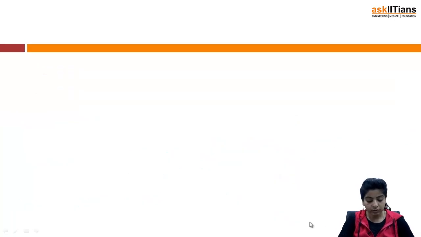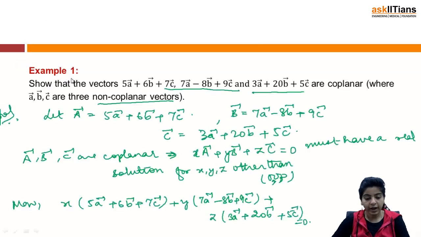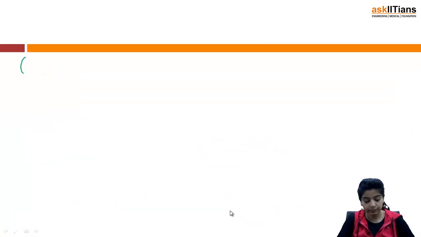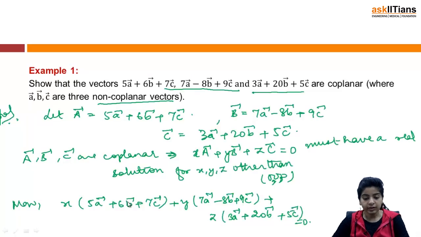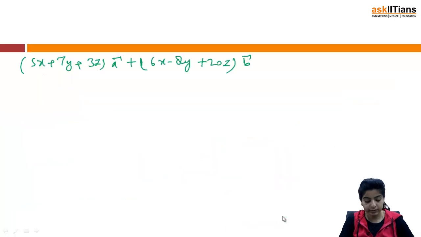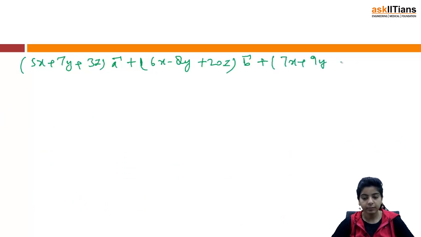We begin with this equation, and if I collect the terms of vector a, I will get (5x plus 7y plus 3z) into vector a, plus I will collect the terms of vector b, which would be (6x minus 8y plus 20z), then for c I'll get (7x plus 9y plus 5z) into vector c, equal to 0.